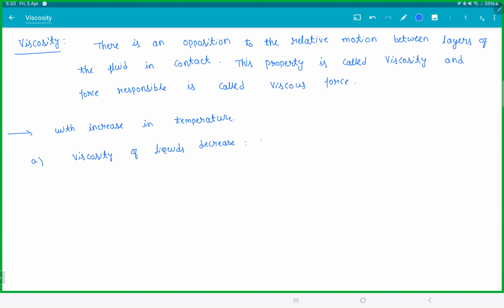Reason: the bond distance increases, which leads to a decrease in interatomic forces.